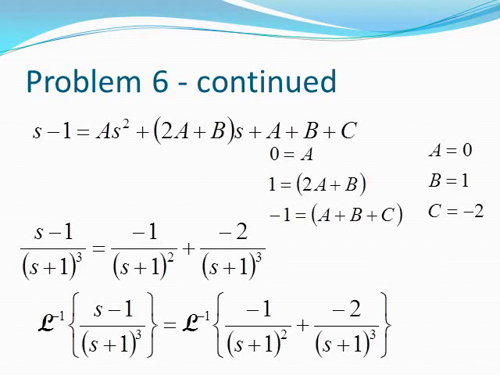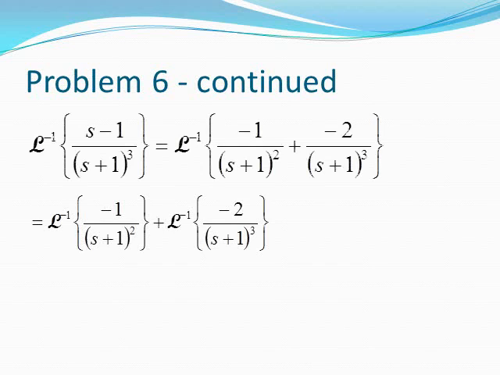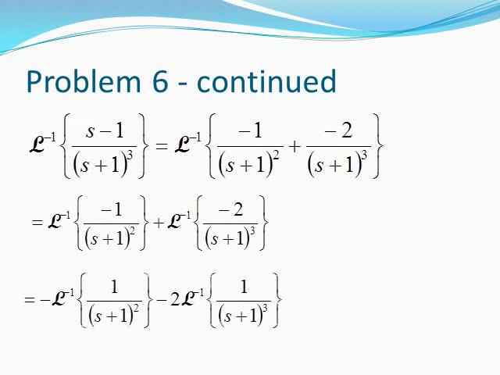These two are equivalent. I want to do the one on the right because it shows up in the table of values for Laplace transforms. If I do that, I can distribute the inverse Laplace transform to each one, and then what I can do is factor out the constants. At this point, I can look up the Laplace transform here.